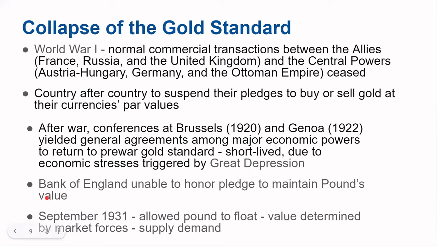Especially, the Bank of England was not able to honor the pledge to maintain the pound's value, because people were dumping pounds and trying to get their cash back. After the UK abandoned the gold standard, it could not abandon the sterling area.